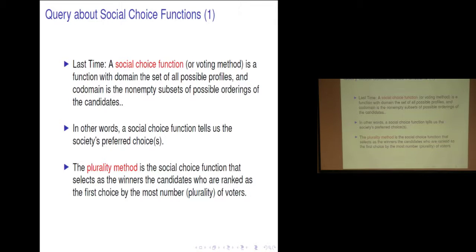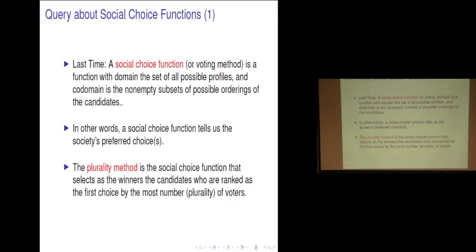It's a social choice function that selects as the winner the candidate who is ranked as the first choice by the most number of voters. So I look at the top choice of people. If Mr. A is the first choice for most of the voters, then Mr. A is the winner. So I said this.